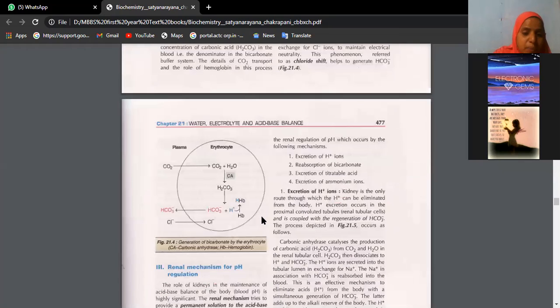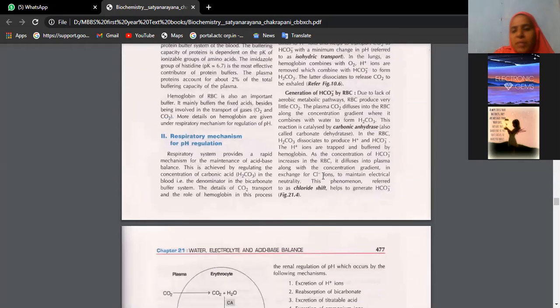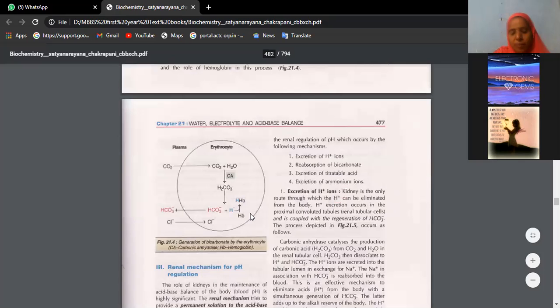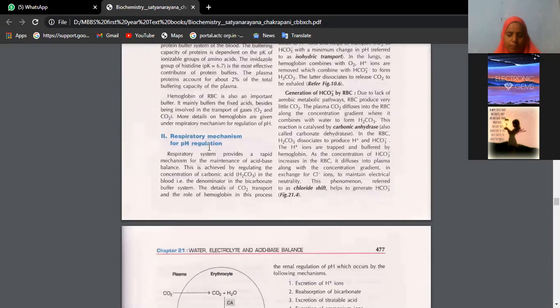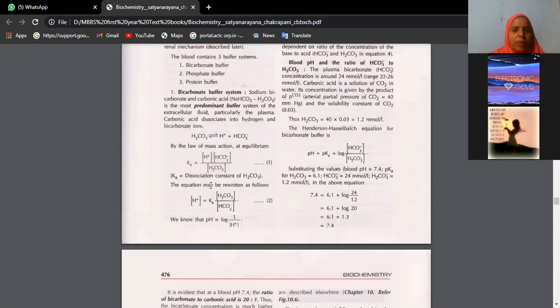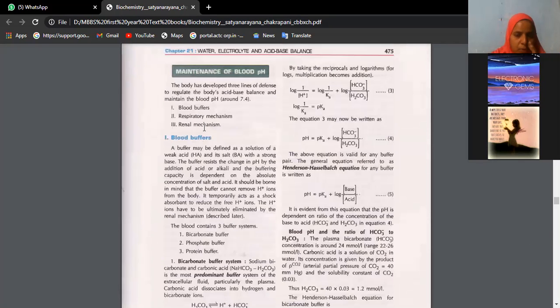Under this respiratory mechanism also, you have that universal formula. I'll tell you in general first before I take you to the topic. The normal blood pH is 7.4, isn't it?